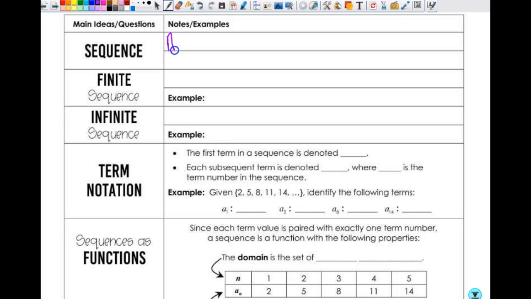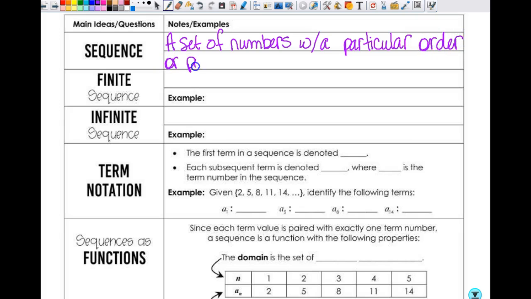It is a set of numbers with a particular order or pattern.